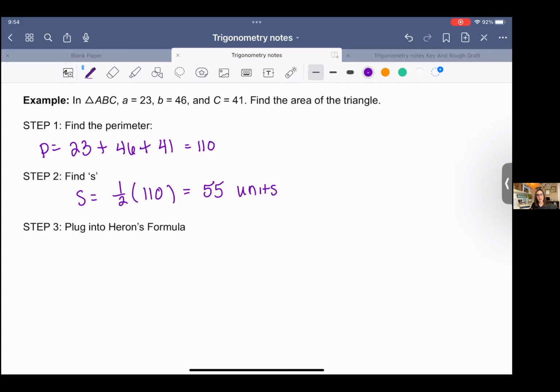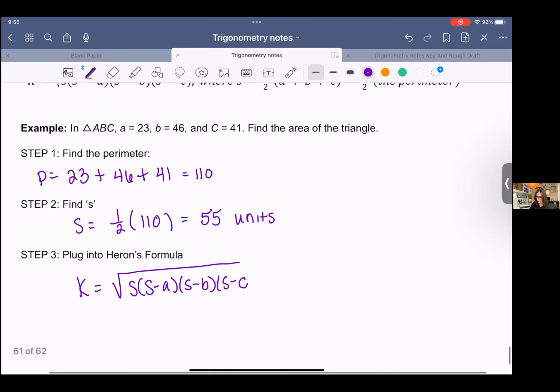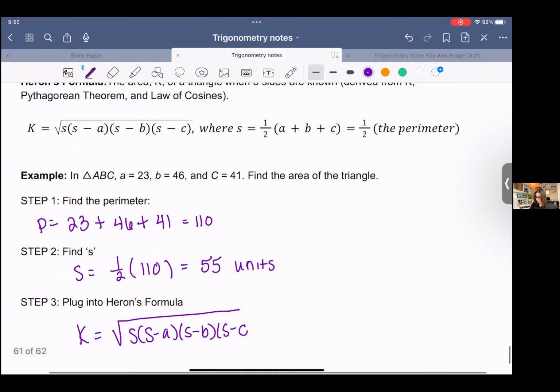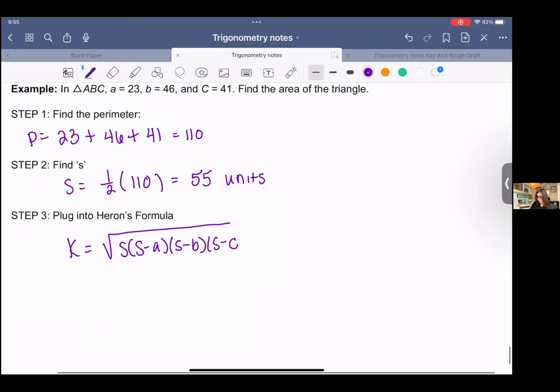Now that I have S, I can just plug it into the formula. K equals the square root of S times S minus A times S minus B times S minus C. It's a long formula. Let me make sure I've got that written down correctly. Okay, and then we just plug it in.